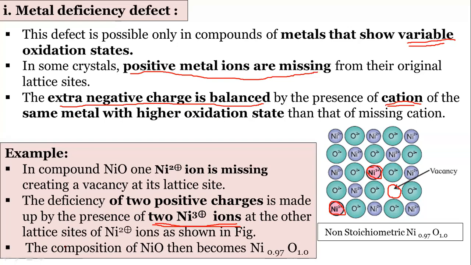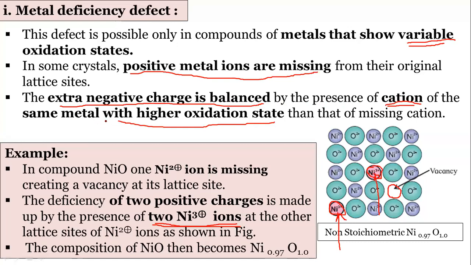The deficiency of two positive charges is made up by the presence of two Ni3+ ions at the other lattice sites of Ni2+ ions. So to fulfill the +2 charge, there are two Ni3+ ions. We can see here one Ni3+ ion, and here another Ni3+ ion. So it becomes Ni3+, remember. With a higher oxidation state, this is explained to balance the extra negative charge.